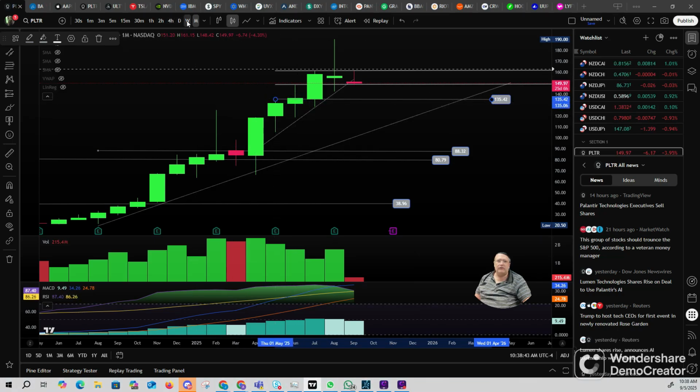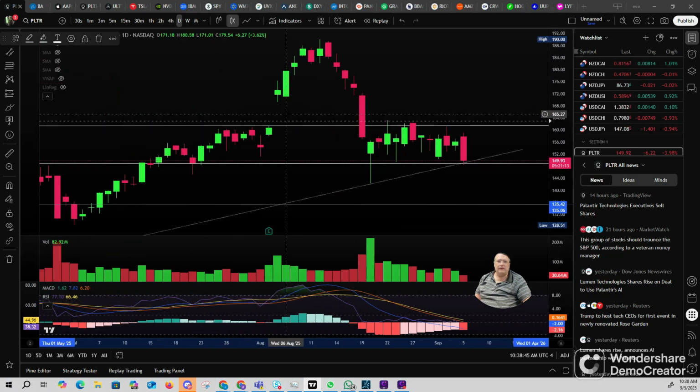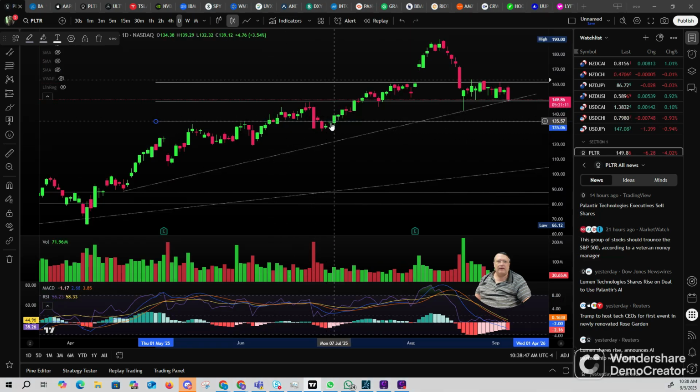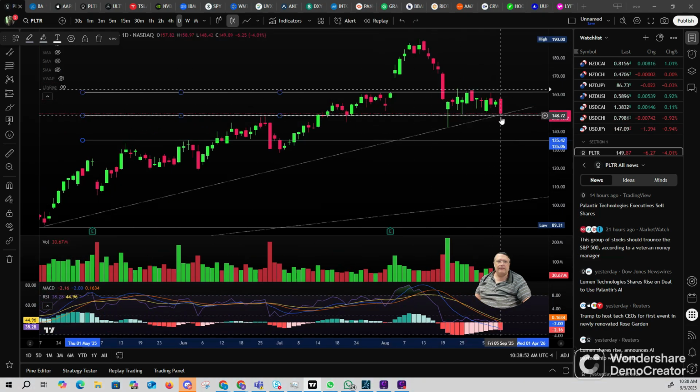So if we go to, let's say, a daily chart, on that second support you have, should we break over here from yesterday, we drew this out. We had that support resistance between, let's say, 163 and 150.